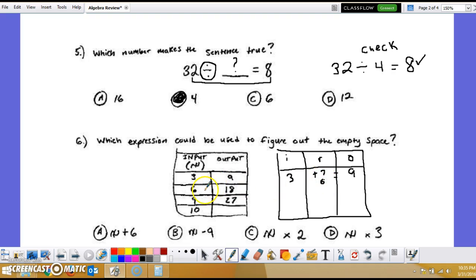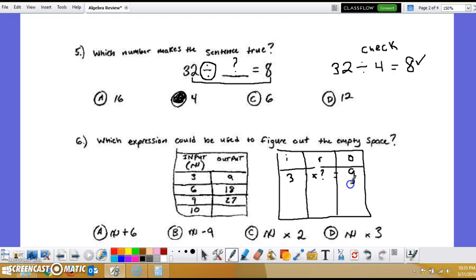Does plus 6 work for 6 to 18, however? It does not. So in this case, I'm not allowed to add. I actually have to change it then to multiplication. And once again, use your algebraic thinking to determine 3 times what is going to get me 9.